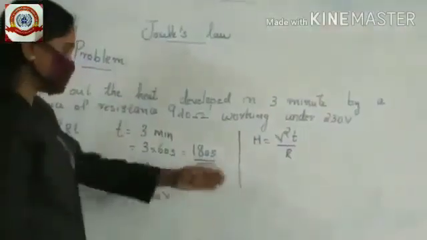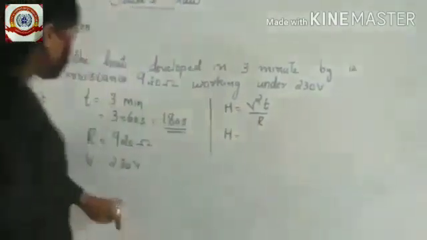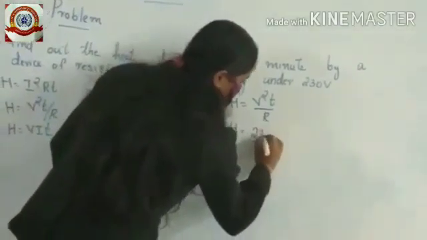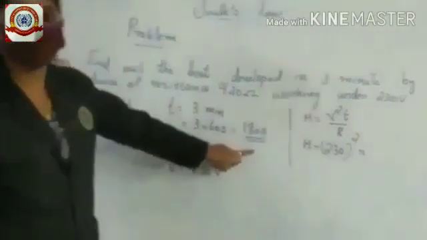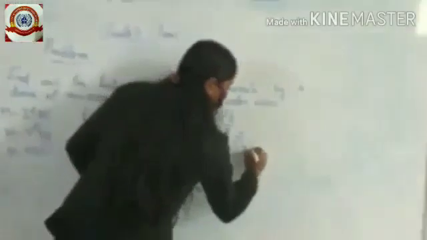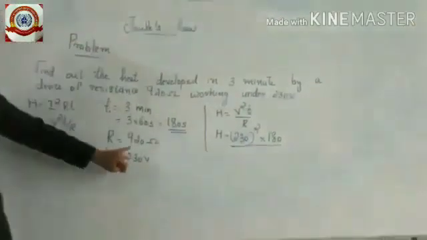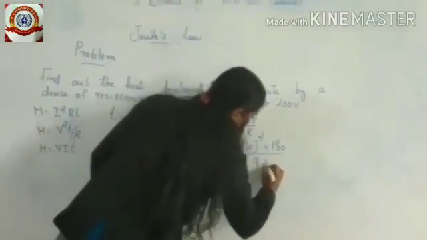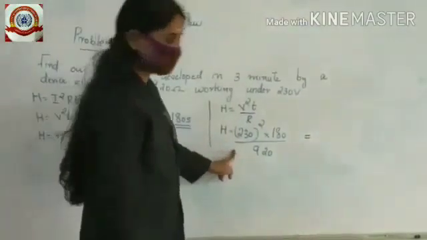Next we apply the values in this equation. V square, that is 230 the whole square, into what is the value of time? 180. 180 divided by resistance R, that is 920. 230 the whole square means 230 into 230.